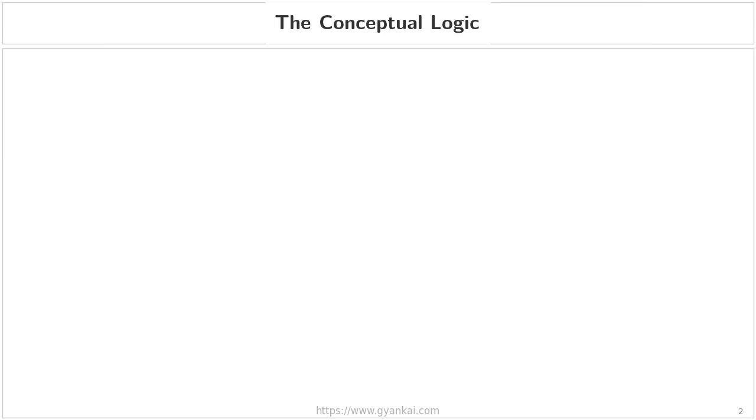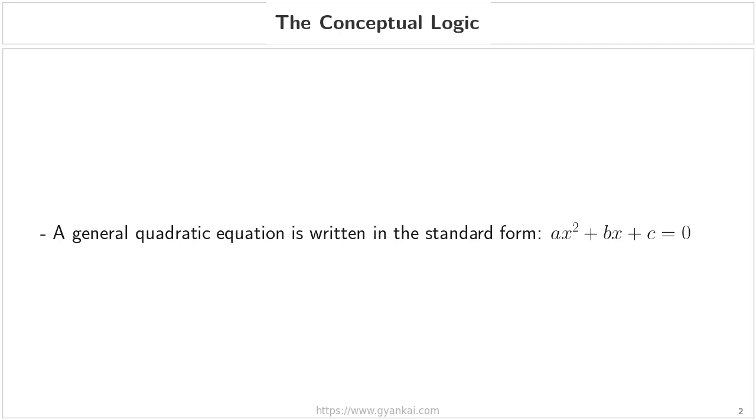The conceptual logic. Now that we understand that factorization is a powerful tool for finding the roots of a quadratic equation, let's look at the underlying logic of how this process actually works. First, let's recall the standard form of a general quadratic equation, which is x squared plus bx plus c equals 0.